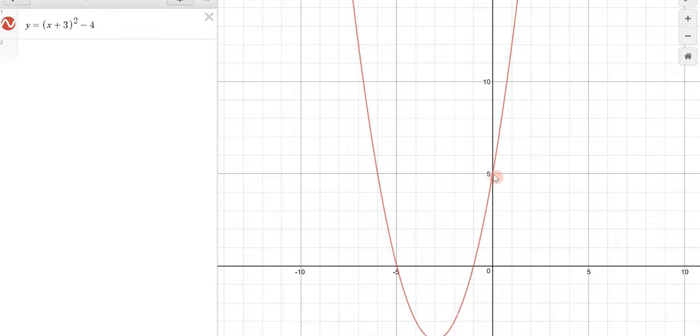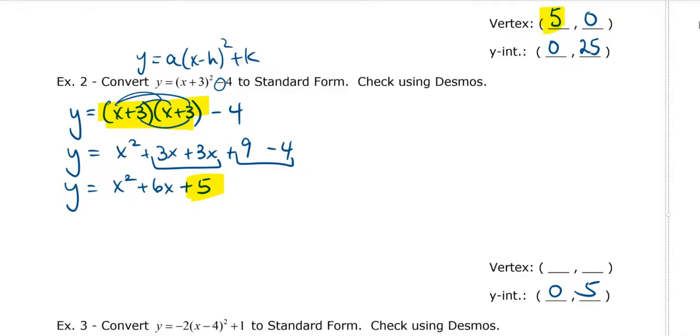And our y-intercept is at positive 5. So the vertex is negative 3 and negative 4. So again, I'm going to highlight this. Negative 3, we have a plus 3 in that location. And then negative 4, we have a minus 4 at that location. Do you see something? h and k are related to that vertex point.